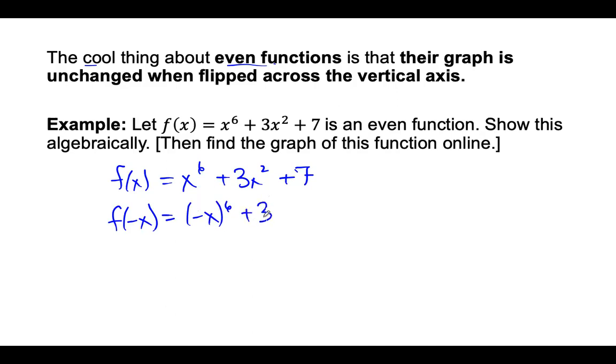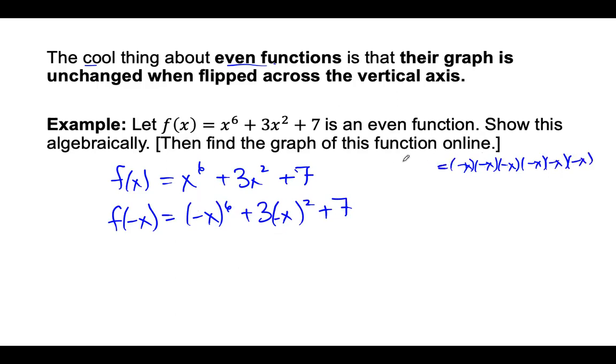This is negative here. So negative x to the power 6. So this would be equivalent of negative x times negative x times negative x times negative x times negative x, 1, 2, 3, 4, 5, times negative x.